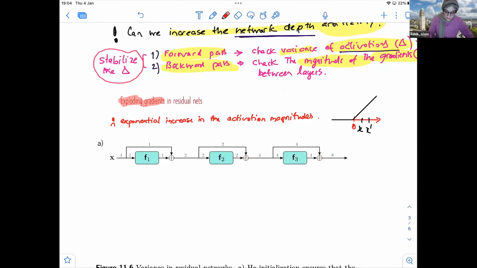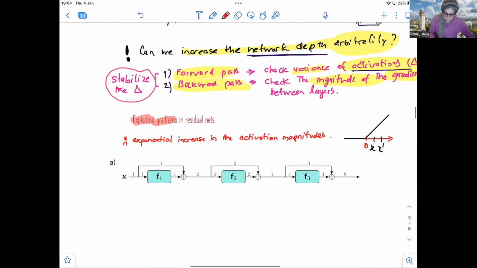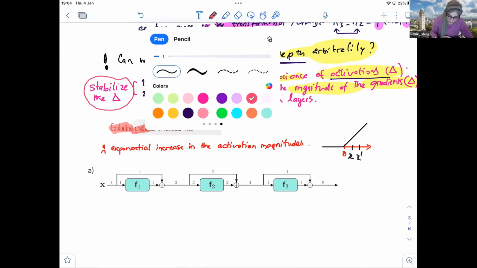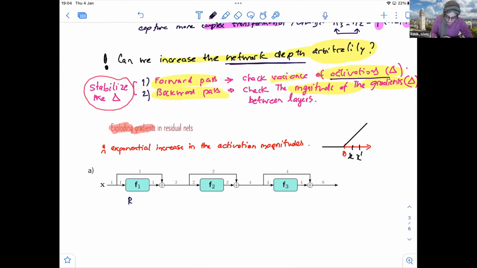So why is that? This exponential increase in the activation magnitudes is actually observed here. So let's look at this F. This F has, we said, a ReLU, right?